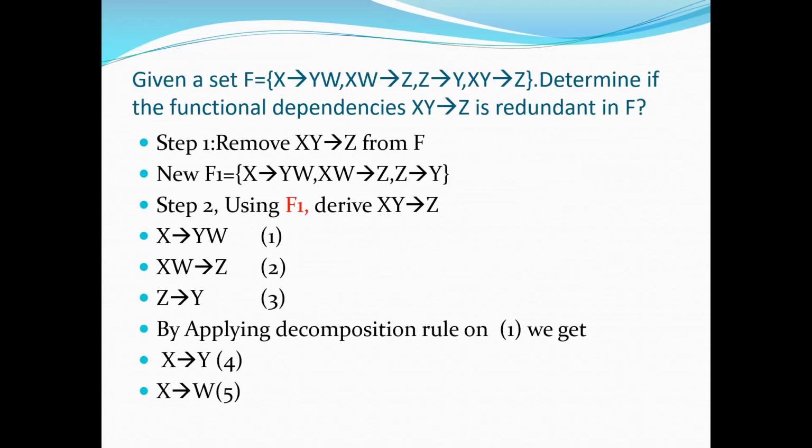Given a set F is equal to X to YW, XW to Z, Z to Y, XY to Z. Determine if the functional dependency XY to Z is redundant in F. Remove XY to Z from F. That is the new F, F1 is equal to X to YW, XW to Z, Z to Y. In step 2, using F1, we have to derive XY to Z. How to derive it?